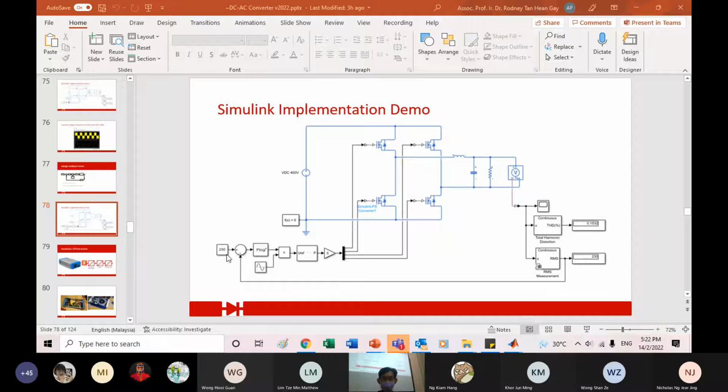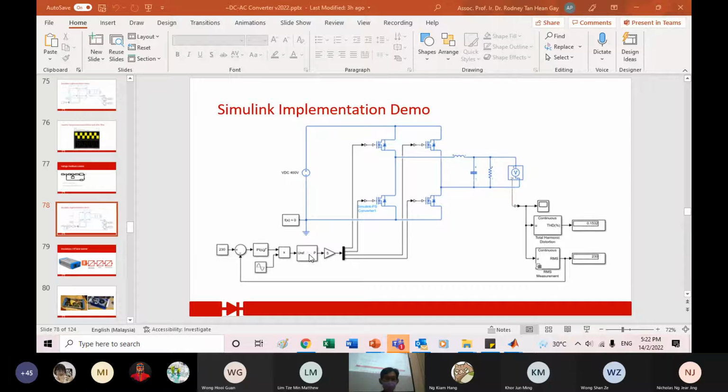I believe last week some students showed a waveform that looked a little weird. Most of them are because they didn't set the PI correctly, that's why it's not settling. Or your LC filter is wrongly calculated, or your switching frequency is wrong, because these are all interrelated.